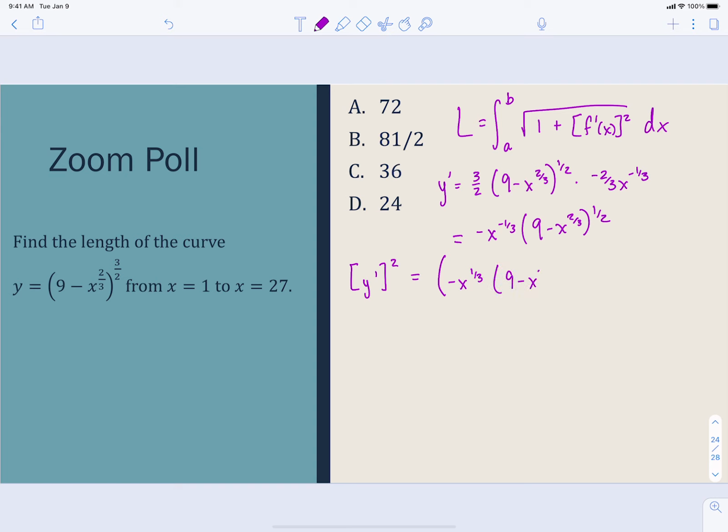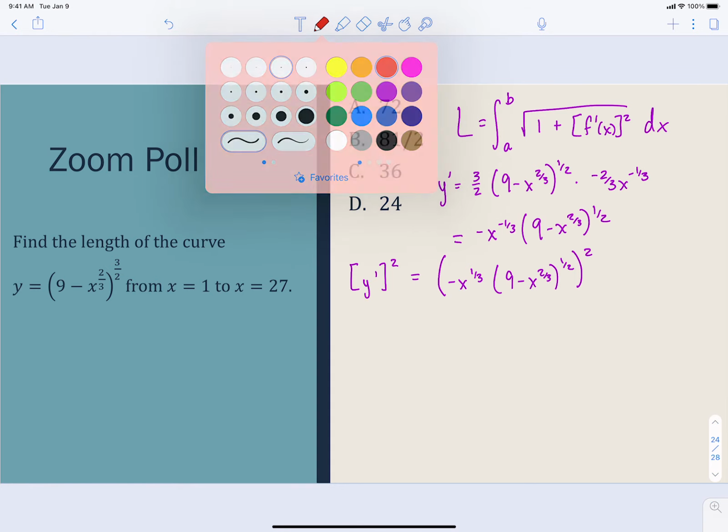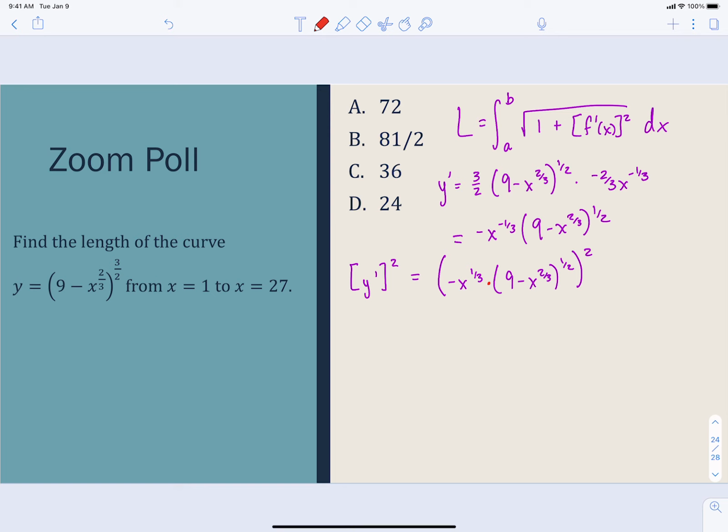And then our derivative squared. Okay, so remember with this, we're going to square each piece of this because they're being multiplied together. So we're going to square that negative x to the negative 1/3, to the 1/2, squared.